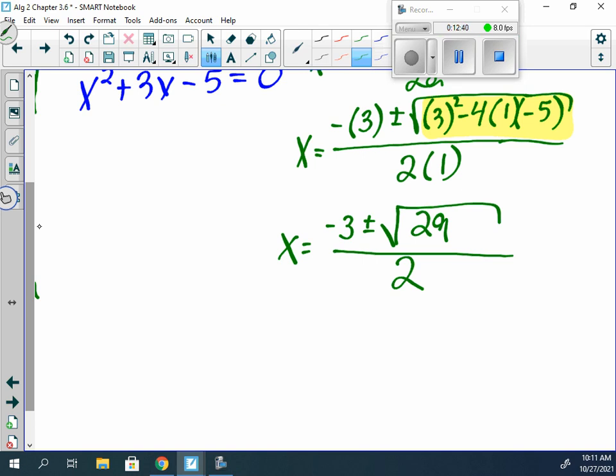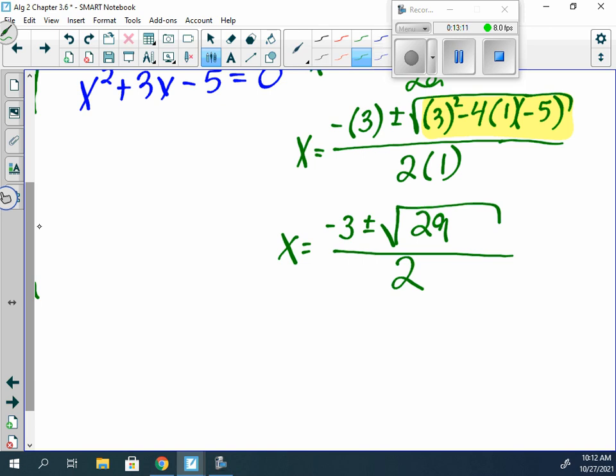Now, is there a chance that the number, 3 squared minus 4 times 1 times negative 5, could be negative? Yeah. Because when we had our imaginary or complex solutions, we got them because there was a negative inside of a radical, yes? Because the square root of negative 1 is i. So there is a chance that the number inside this radical could be negative.